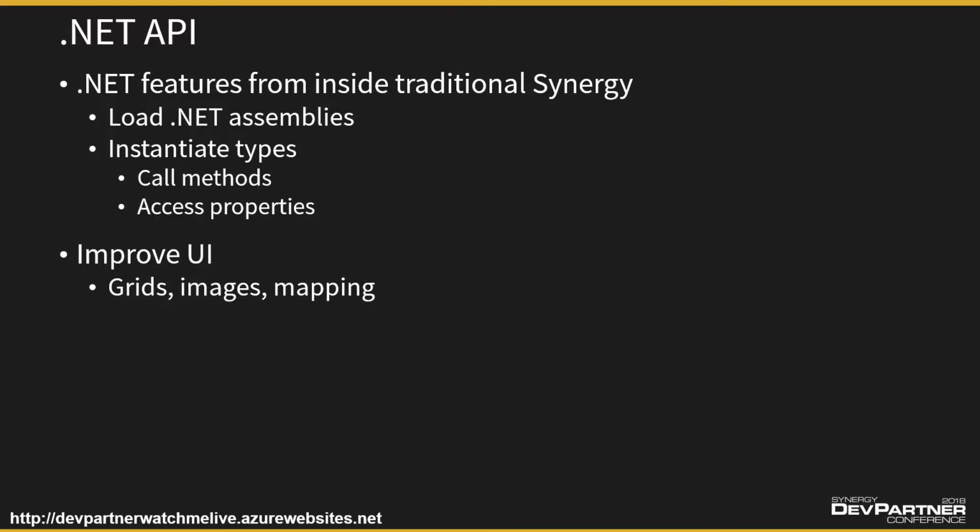Before the .NET API, we provided ActiveX. Who used ActiveX? Does anybody still use ActiveX? Okay. You might want to think about using .NET instead of ActiveX, seeing as ActiveX is a technology that doesn't really exist anymore. And that's coming from a Microsoft standpoint, not from us. We still support it.